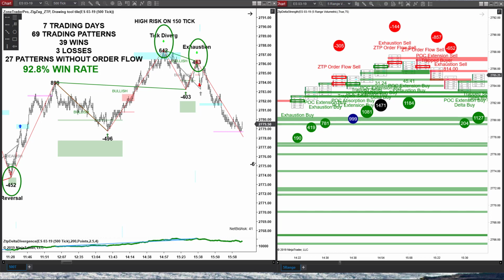One of the other things I did test, which was kind of interesting, is that I normally say that I don't want to see any high risk on a 150 tick chart. And when I looked at that, the number of losses did decrease. However, the number of wins significantly decreased.